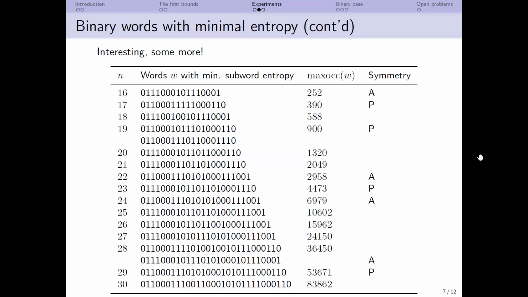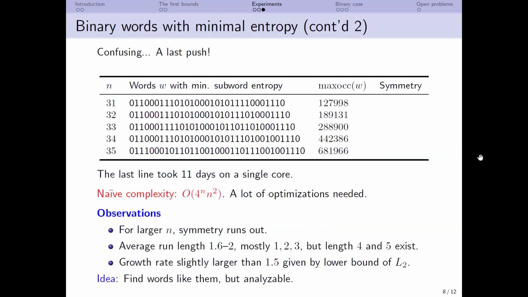So it's more and more confusing the more experiments we do. Anti-palindromic and palindromic. When it's long, it's difficult to see whether it's palindromic or not. Anyway, we are confused.